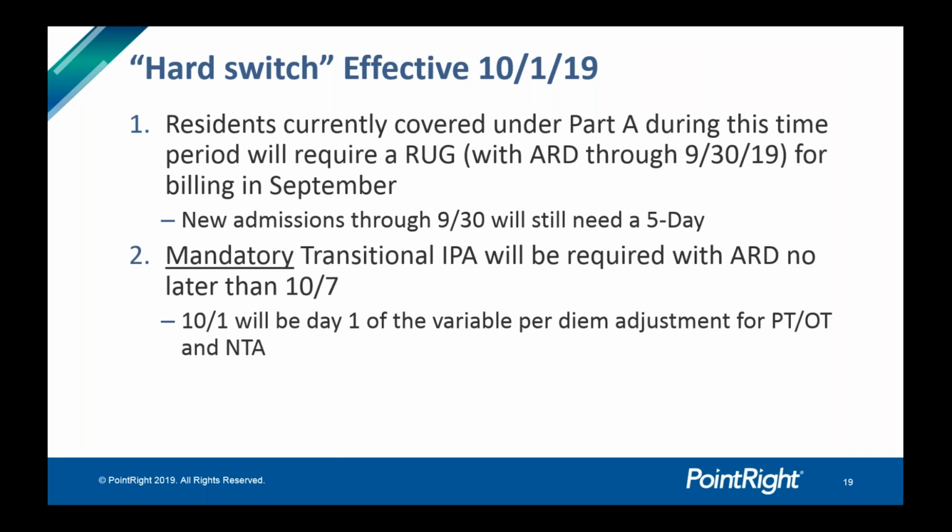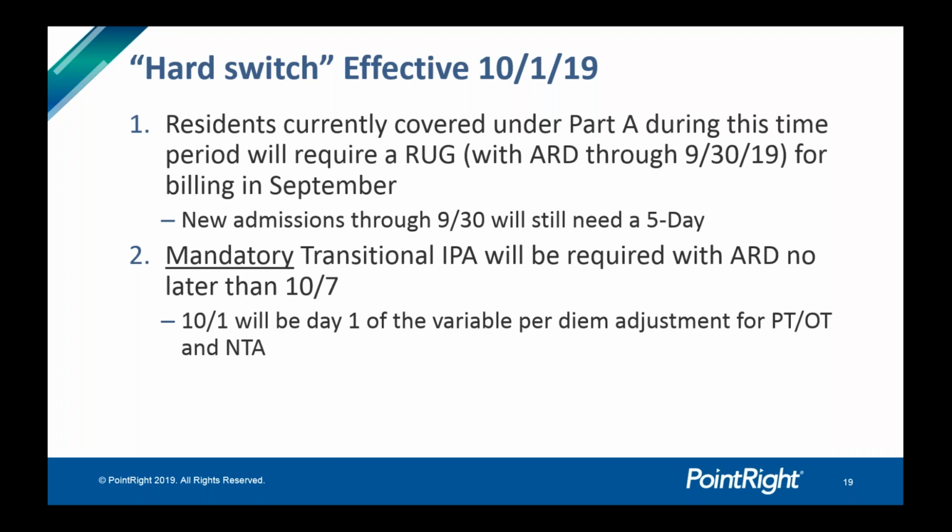Now, the second goal is to do that mandatory transitional IPA for all of those residents who are going to continue on that Medicare stay, with an ARD that is anywhere from October 1st through October 7th. It can be no later than 10/7. When you do that IPA, I'll talk about how this IPA is different from interim payment assessments going forward.